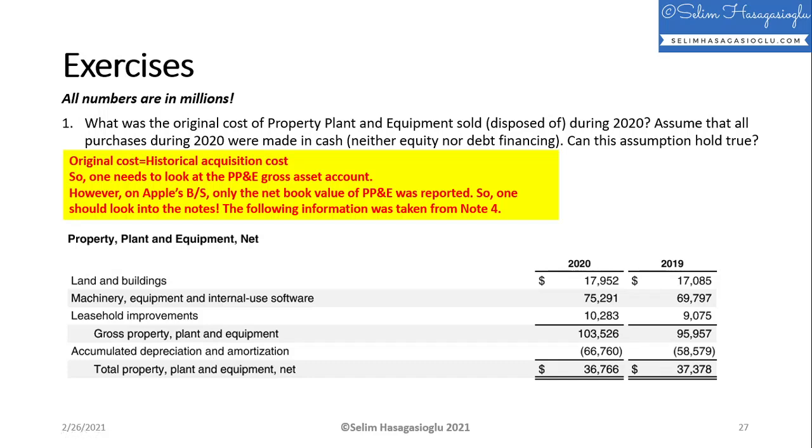Amortization is recognized for intangible assets such as patents, copyrights, trademarks, which Apple has, of course. And because in this specific question, we are only trying to calculate the effect for property, plant, and equipment, actually, I should have excluded the amortization in here, but looking into the notes, it is not possible.